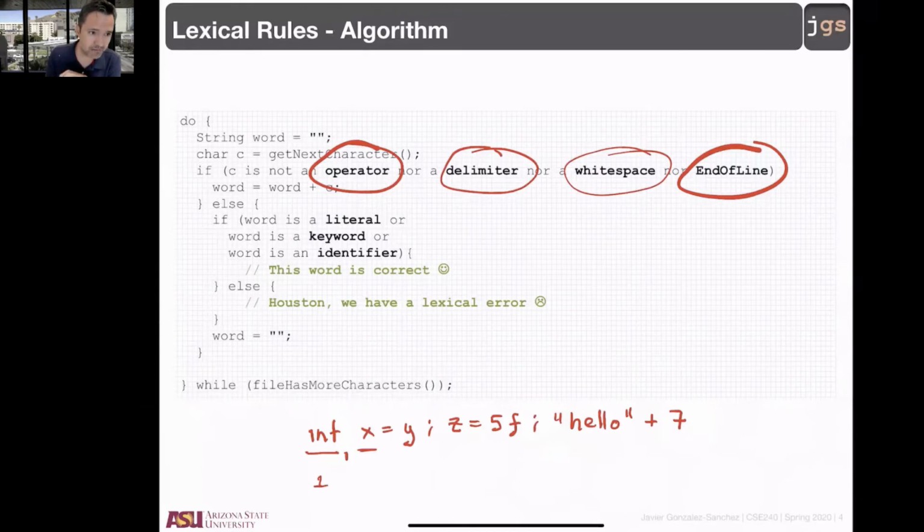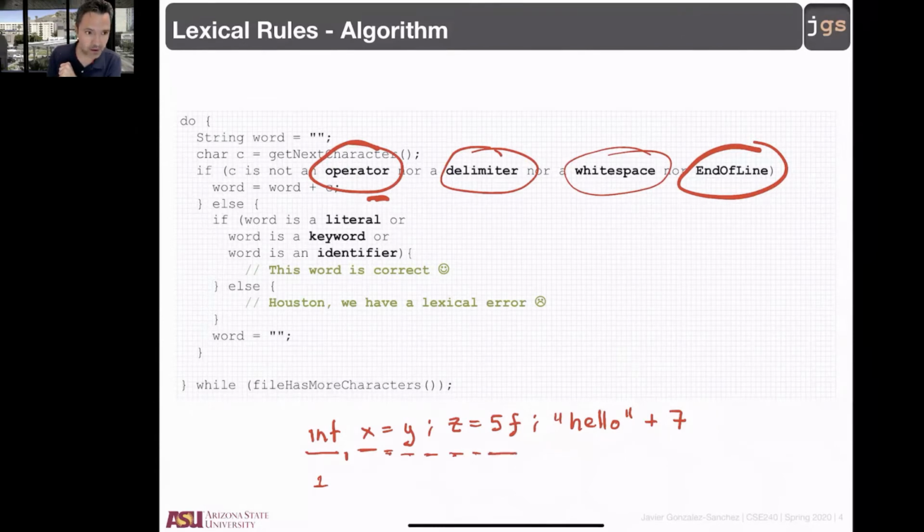It doesn't matter if I put white space or not, because the equal itself is an operator, and therefore the X is a word, the equal is another word, and then I have the Y that is another word. It doesn't matter if I put white space or not, but the semicolon is a delimiter and it's going to be another word. And then C is going to be another word. The equal, with or without spaces, is another word because it's an operator.